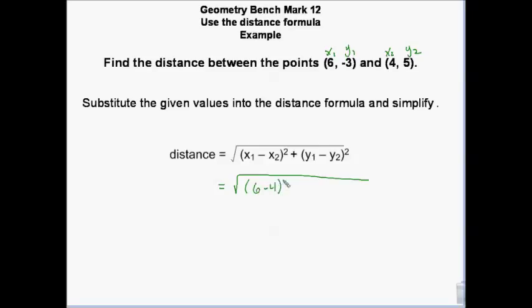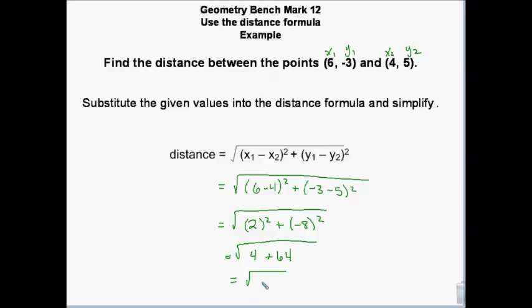So 6 minus 4 squared plus negative 3 minus 5 squared. The next thing I need to do is the subtraction. So that's 2 squared plus negative 8 squared. At this point, everything you get after here should be positive. There should be no more negatives. So when you square the negative, you need to get a positive, because negative 8 times negative 8 is positive 64.